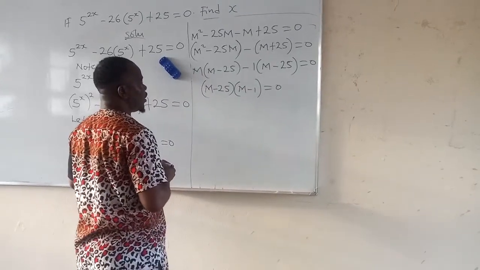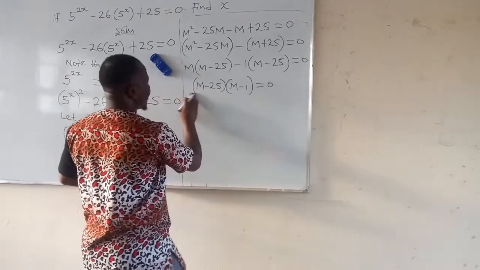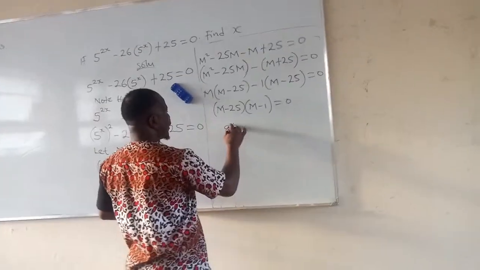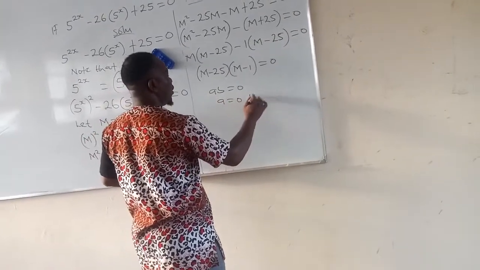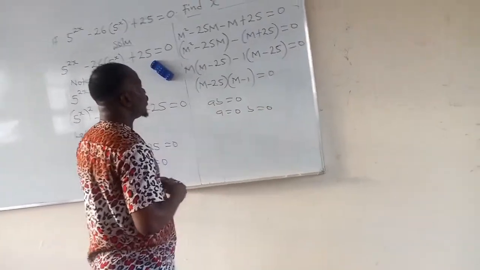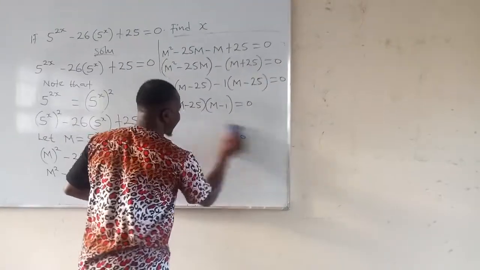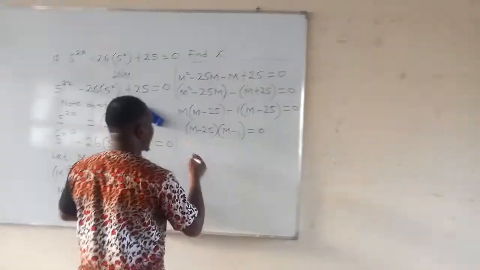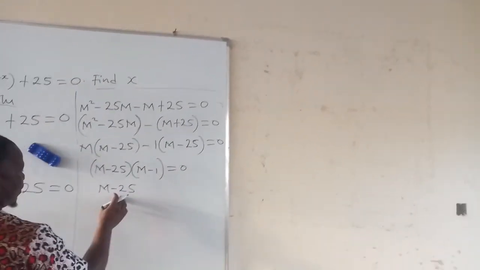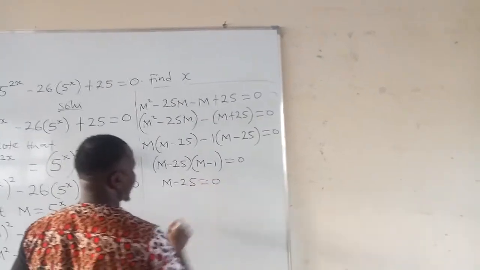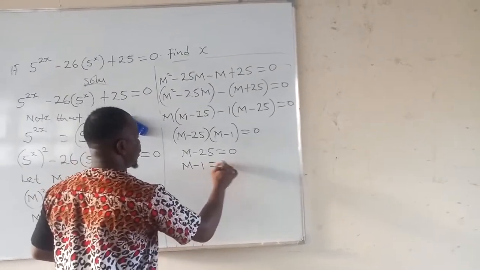0. Is that clear? So we know that in a quadratic equation, a times b equals 0. It implies that either a equals 0 or b equals 0. Is that clear? So if you agree with me, these two brackets will now be m minus 25 equals 0, while m minus 1 equals 0.